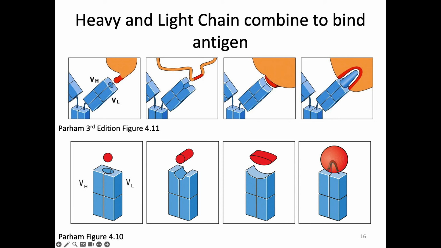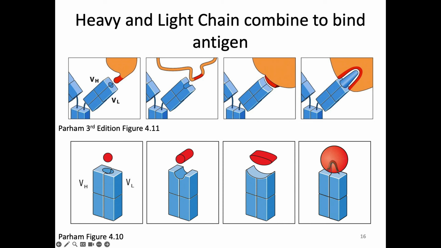If I were to take all of the 10 to the 16th variable regions from all of your antibodies in your whole body, and do protein sequencing on all of those variable regions, I would get a lot of differences. Obviously, they're variable regions.